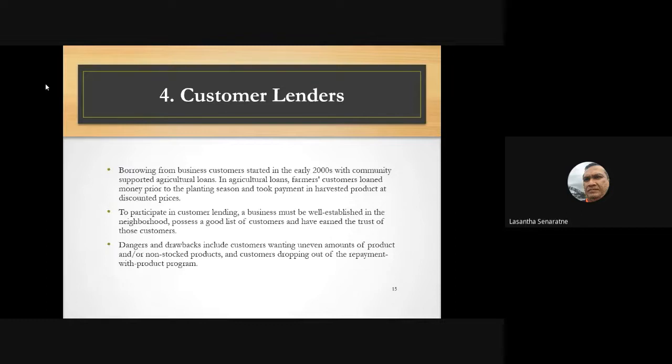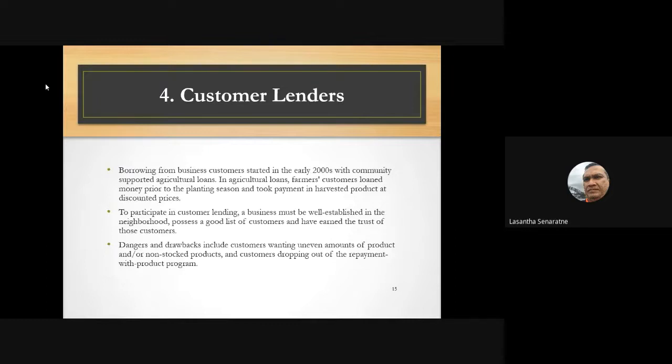When the crop comes during the harvest period, straight away the money will go to you, you recover your outstanding and you settle there, or you have a mechanism there to recover from them. So this group work will work, especially in the agriculture sector, but there is a danger.